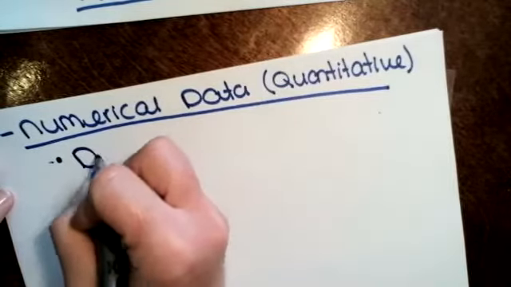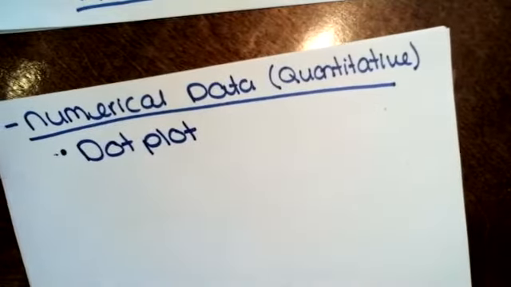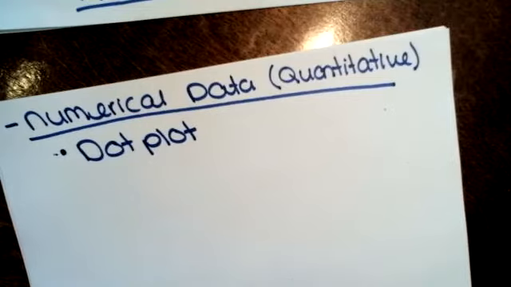And one is called a dot plot. Now, I don't really use this one that much, but I like to mention it. Some of us have seen it and some have not. It's very similar to a bar graph, like the idea of that. It's just not bars, it's dots. It's that simple, but I will show you just so you guys know.